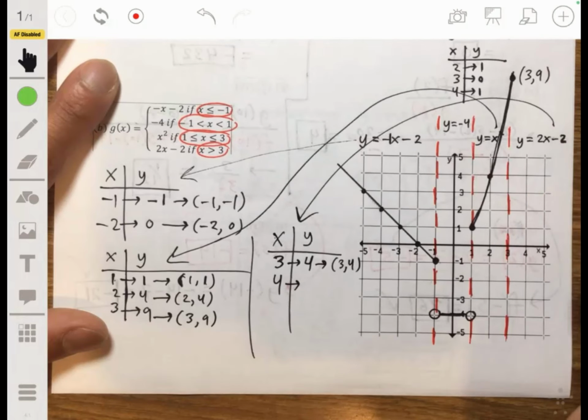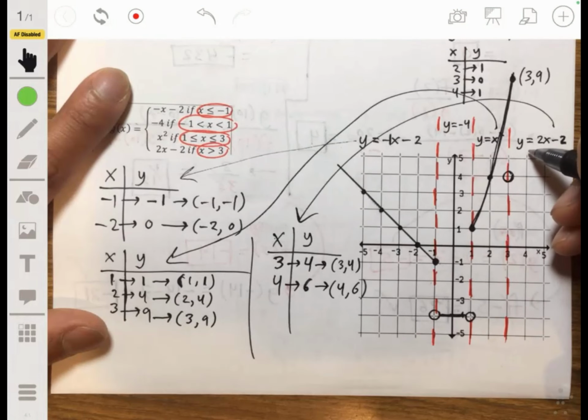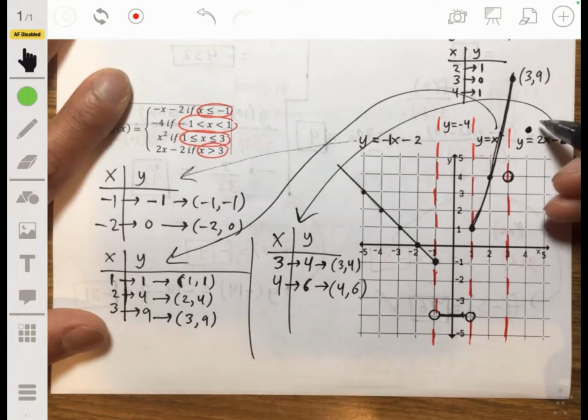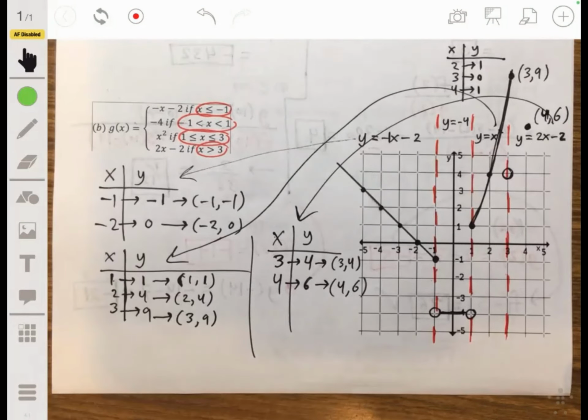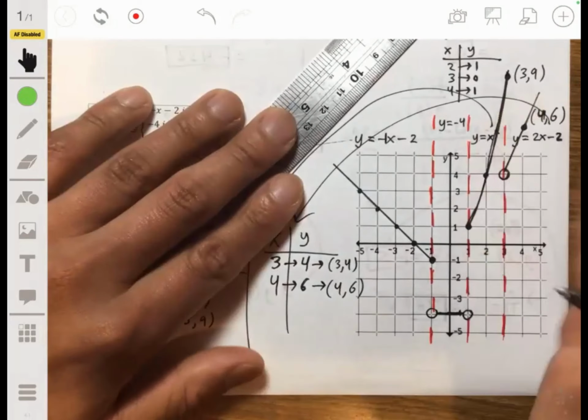So open circle at (3, 4), closed circle at (4, 6). And it's going to veer off to the right like that.